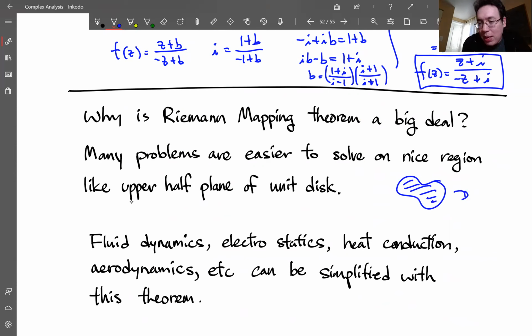But if you can map it to a very simple shape, like the upper half plane or the unit circle, then you could do a hand computation or solve a difficult problem on that space, and then map the answer to the difficult domain that you've been working with.